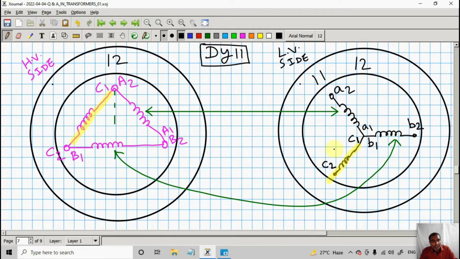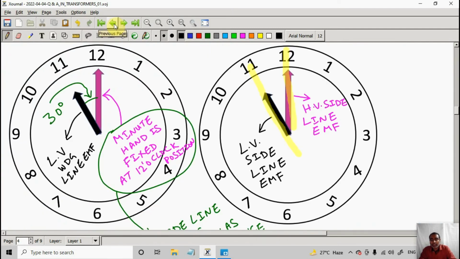Now what I was mentioning earlier was that we need to demonstrate, because you remember in the beginning it was said that the line EMF of the HV and LV side will differ by a phase of 30 degree. Of course the LV side line EMF will be leading the HV side by an angle of 30 degree, because it's 11 o'clock, and at 11 o'clock position the hour hand and the minute hand have a difference of 30 degree.